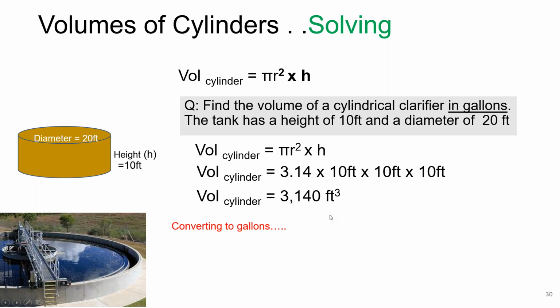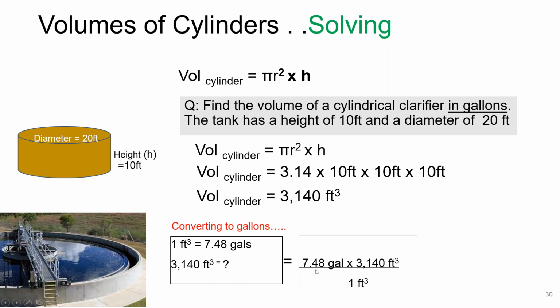3,140 cubic feet into gallons, we want to set up our problem, and this helps me a lot when I set it up this way. I put my conversion factor as 1 cubic foot is equivalent to 7.48 gallons. Therefore, I want to know how many gallons are equivalent to 3,140 cubic feet.